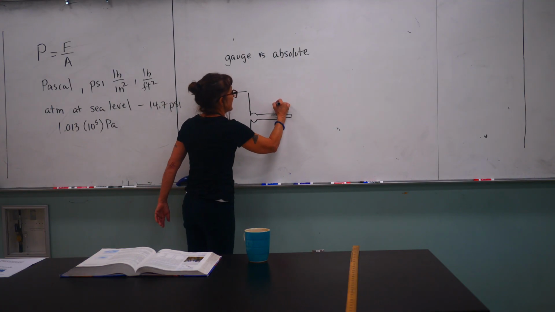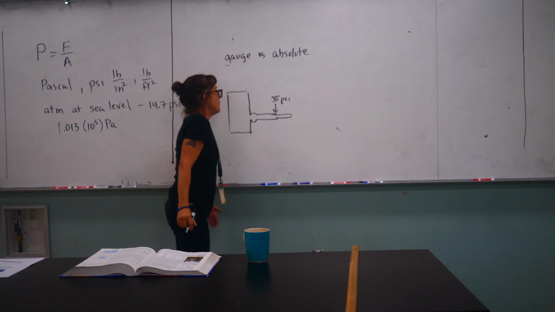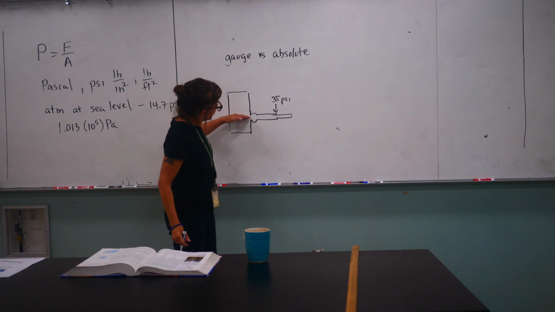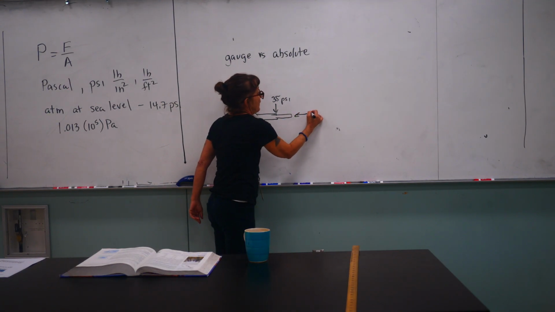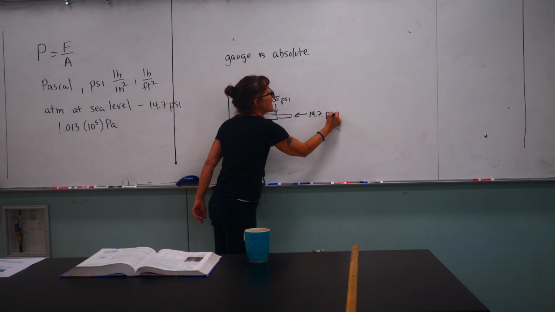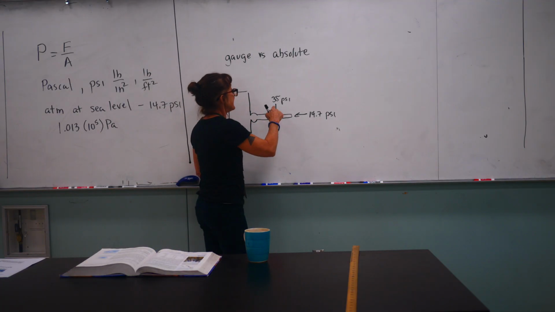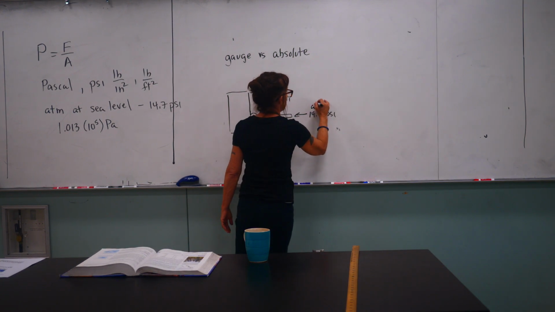So when my car reads 35 psi, that's the gauge pressure, because I've got some air pushing the piston out, but I also have 14.7 psi pushing it back in from the atmosphere. So this is gauge, and that's atmosphere.